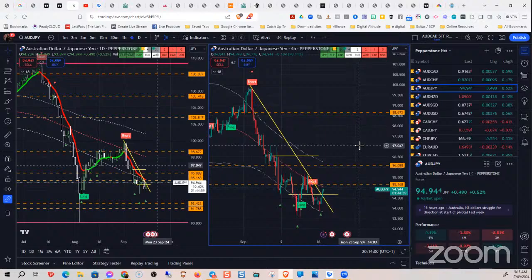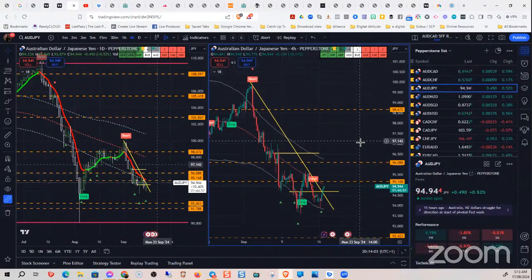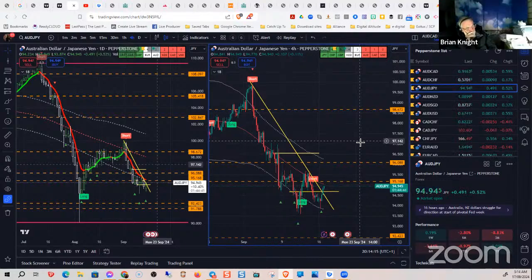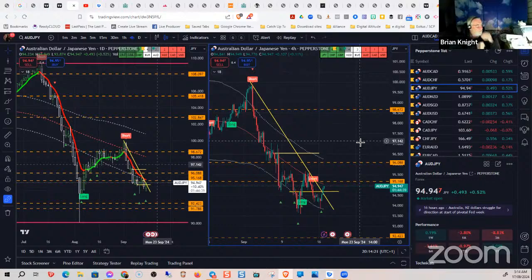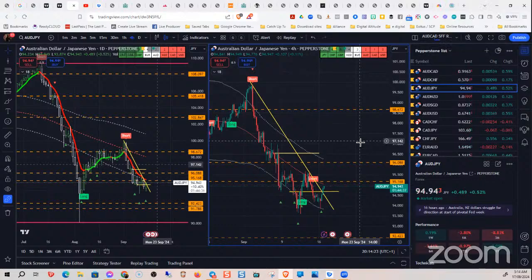I'm waiting for this push to complete. By complete, I mean I'm waiting for one candle to turn the opposite direction, one red candle to push back down and fail, and then get a buy signal and buy it up, because I'm suspecting it's going to break that short that it just created.